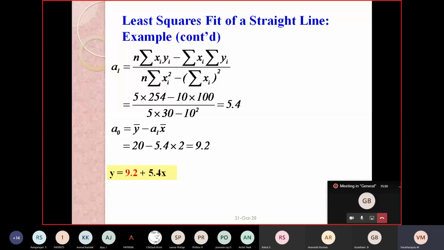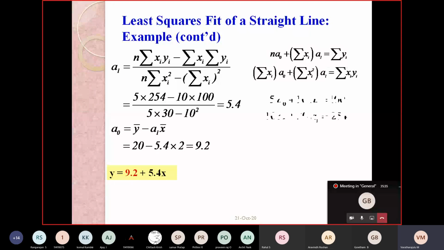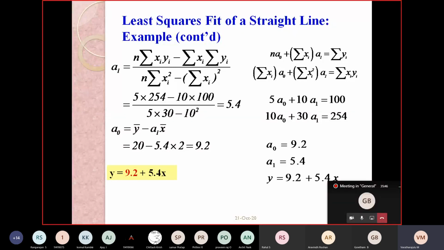Therefore, your y is equal to 9.2 plus 5.4x. And yes, this is what I have said: 5a0 plus 10a1 is equal to 100, 10a0 plus 30a1 is equal to 254. By doing this simple calculation, we get the a0 and the a1. Therefore, our y is equal to 9.2 plus 5.4x.